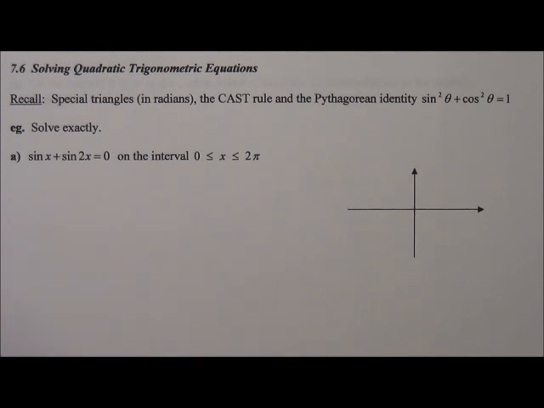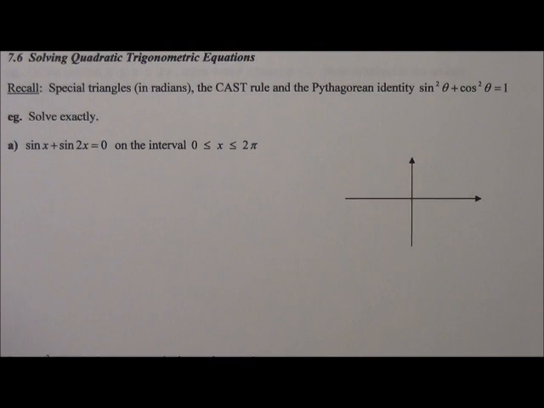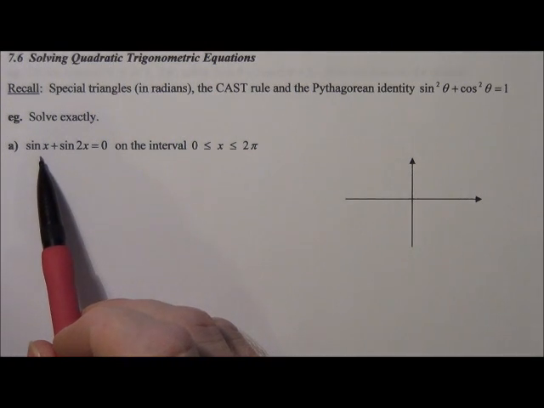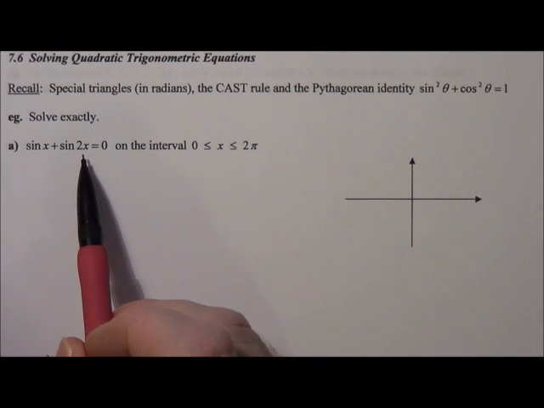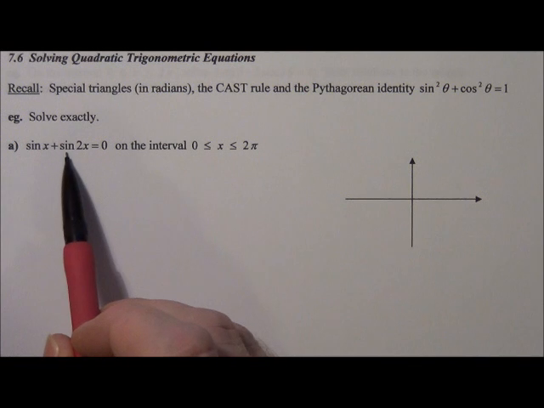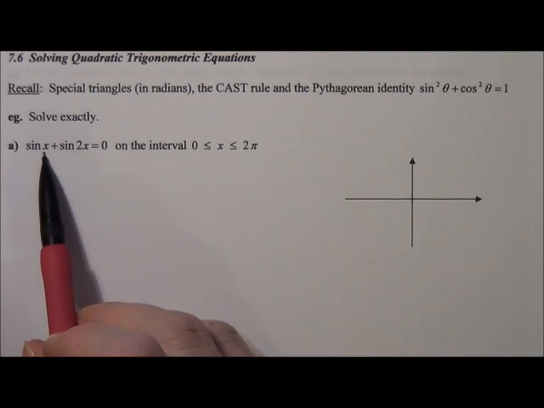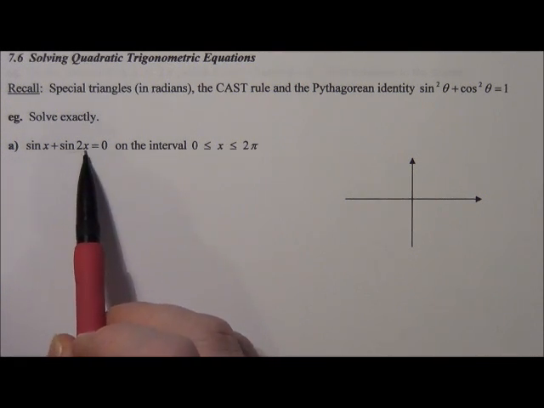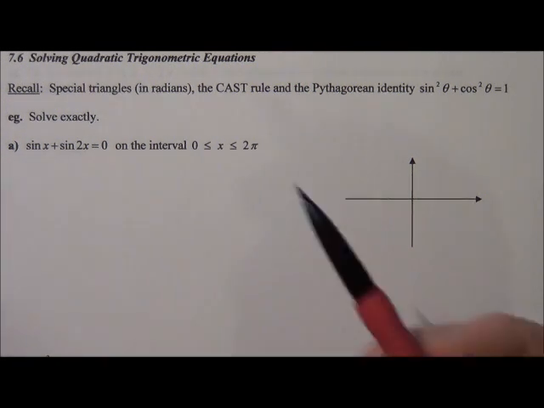Okay, so first we'll do a little bit of algebraic rearrangement and cleaning up here. We see that we've got sine x and sine 2x. We need to rearrange this because this is a single angle and this is a double angle. We can't have single angles and double angles combined in one problem.